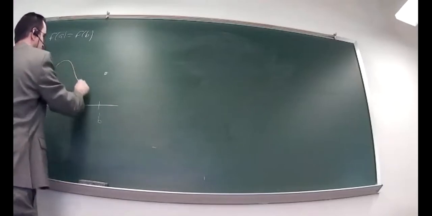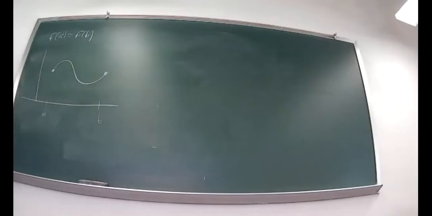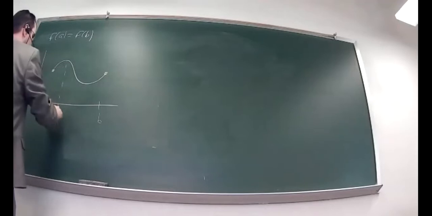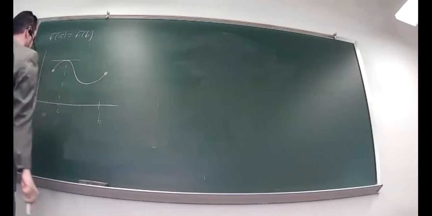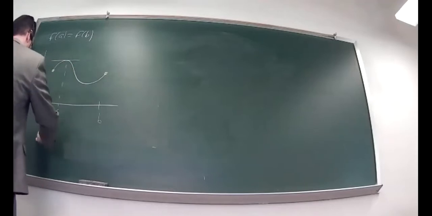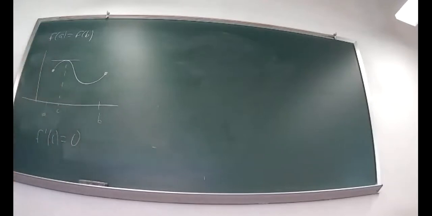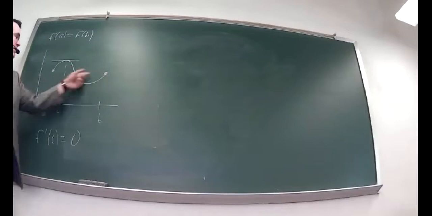So if you draw the secant line from here to here, it has zero slope. And so what Rolle's theorem is saying is that there exists a point strictly in between a and b where the tangent's horizontal. So there exists a point c such that f prime of c is equal to 0.